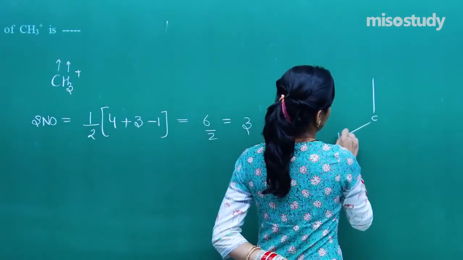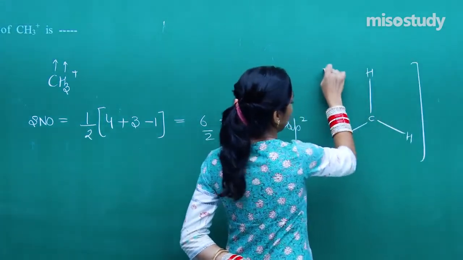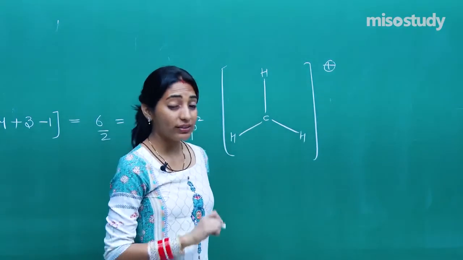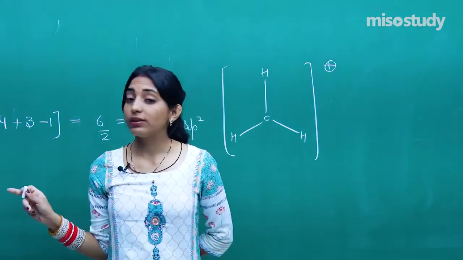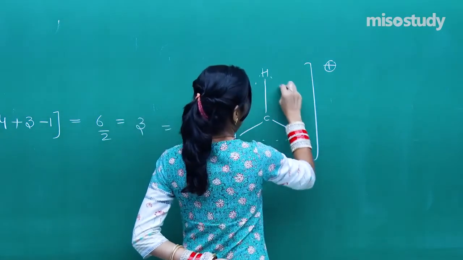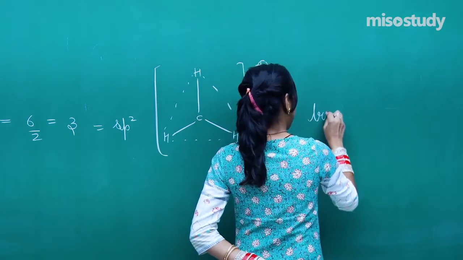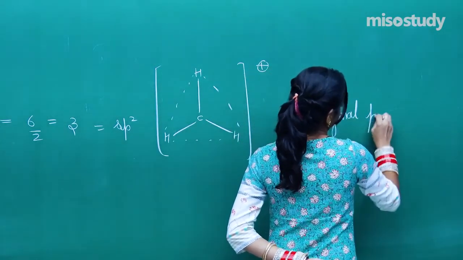So carbon will be there in the center. 3 hydrogen atoms will be there. And the complete molecule will have a positive charge. So this is how the structure of CH3 positive will look. But I have to tell about the shape. So you can see it's a kind of equilateral triangle. So the shape will be trigonal planar.